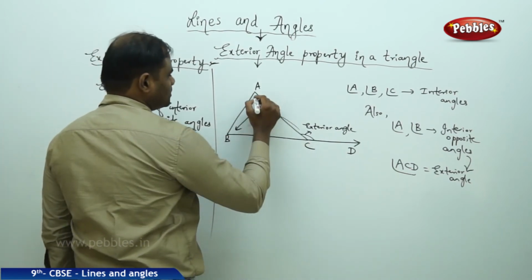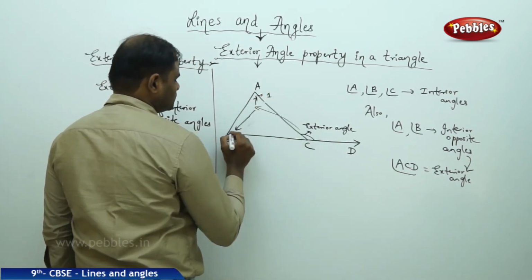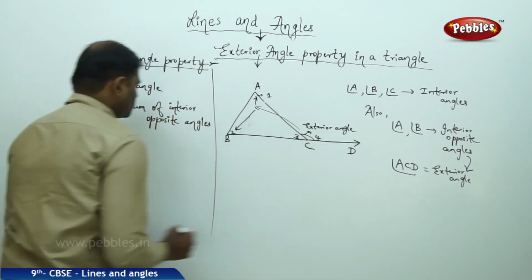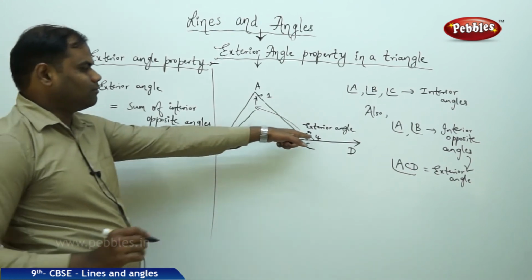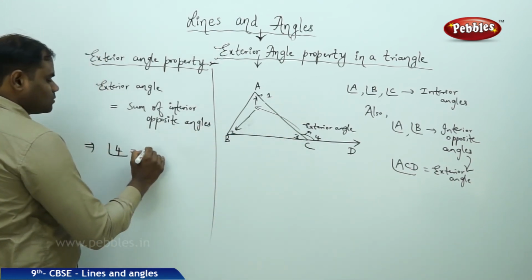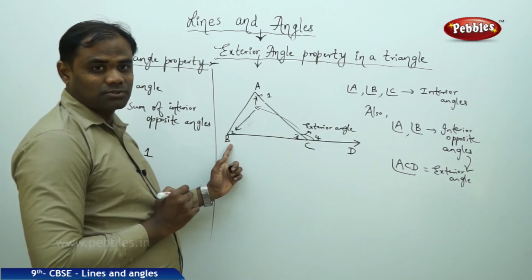So if I take this to be 1, 2, 3 and 4, that implies my exterior angle, which is angle 4, must be equal to the sum of interior opposite angles 1 and 2.